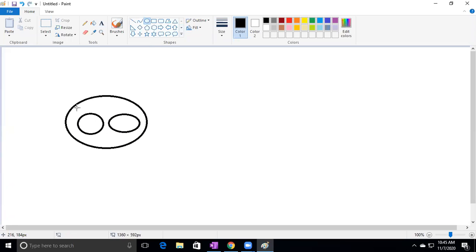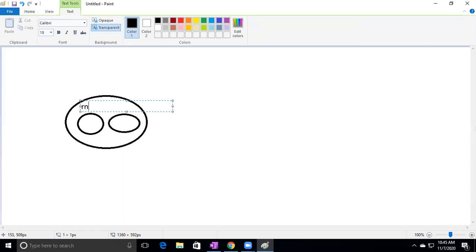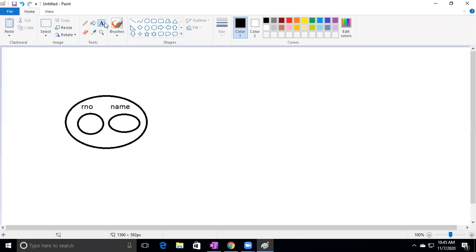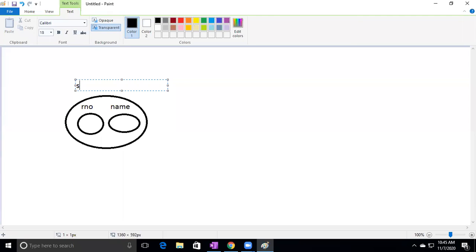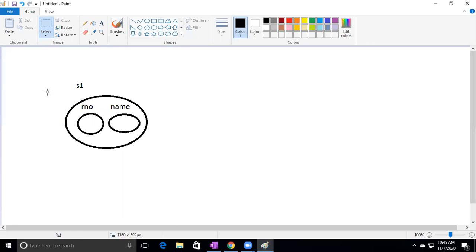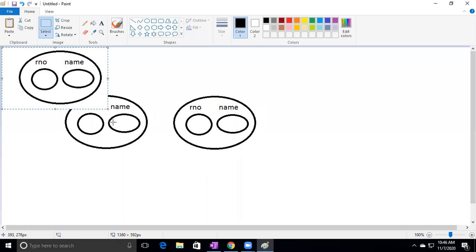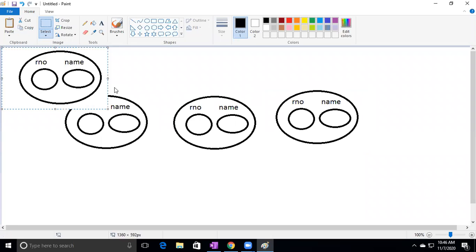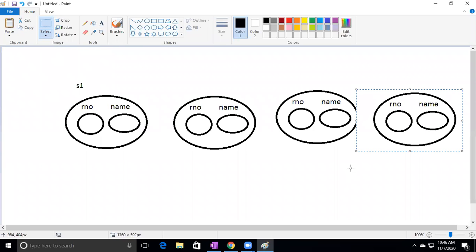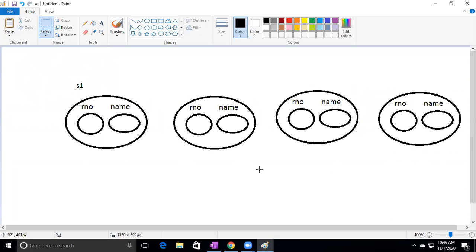So to hold roll number and name, I'm taking these variables. Now this one is the S1 object. Like this, I want to create some more student objects: student 2, student 3, student 4. Like that, n number of students' data I want to maintain.